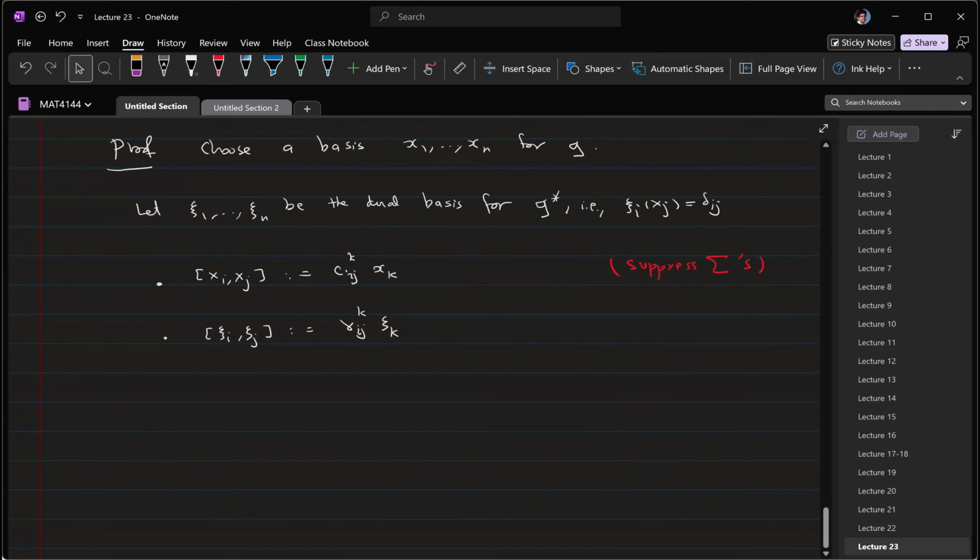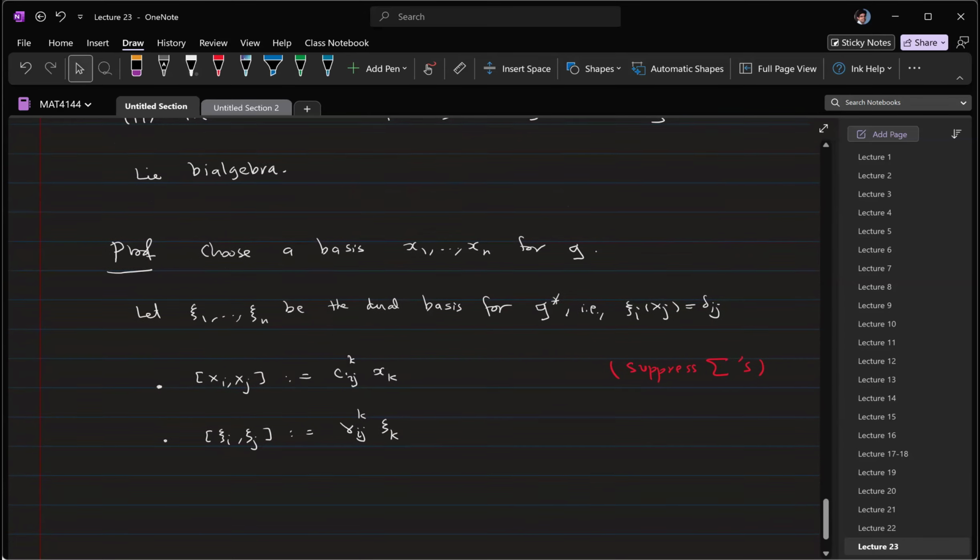So now, if I want to define a Lie bracket on G plus G star that's compatible with the Lie algebra structures on G and G star, which means G and G star are automatically Lie algebras, then the brackets that I should define on G plus G star on the pairs of X's and pairs of C's should be just like G and G star.